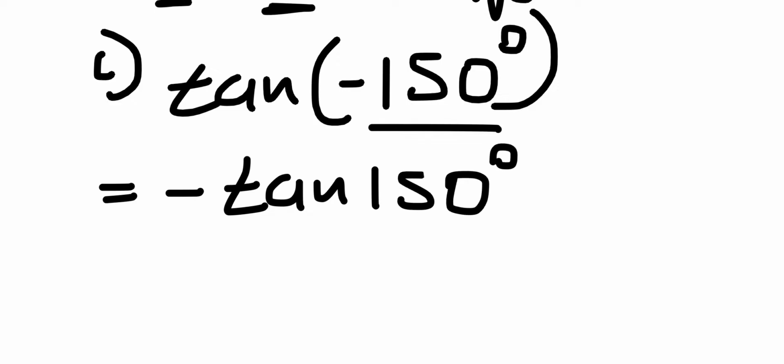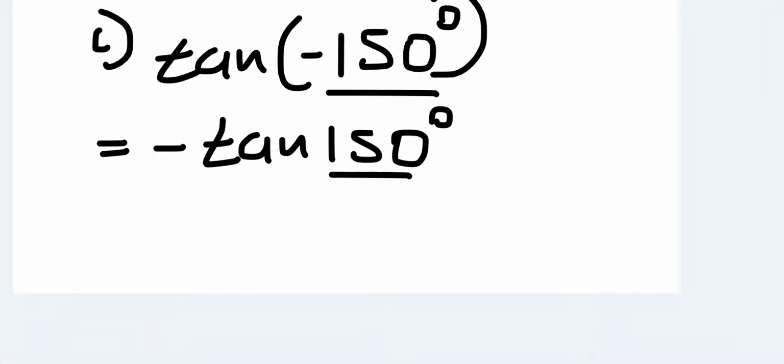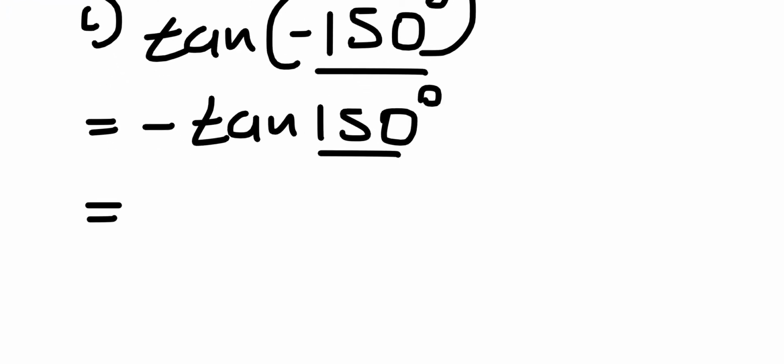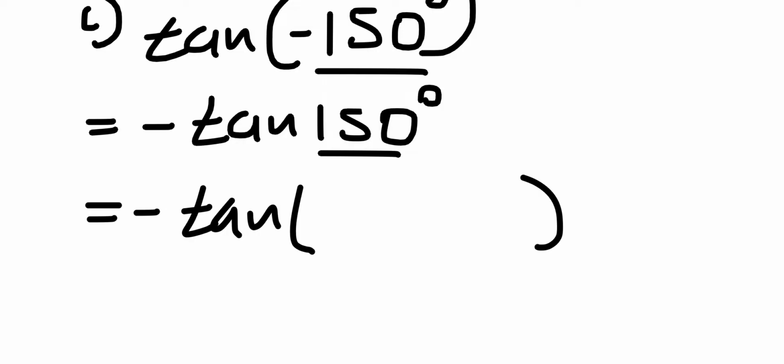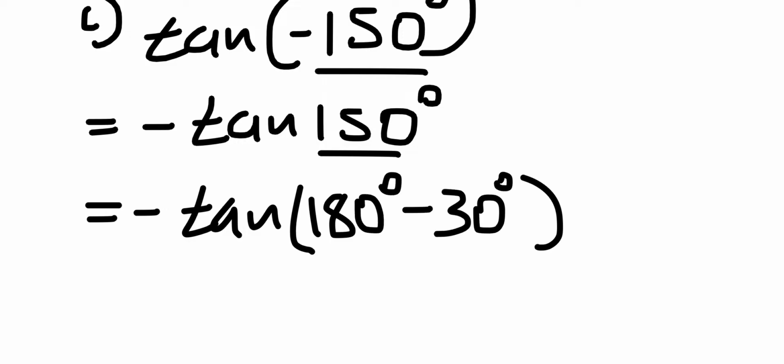Now, most importantly, they said we have to rewrite this as a positive acute angle. Is this an acute angle? No. Then it means we need to continue to work it out and say negative 150, we have to reduce it. That's why we'll need to use the reduction formula and say the same as 180 degrees minus 30 degrees. 180 minus 30 is 150.